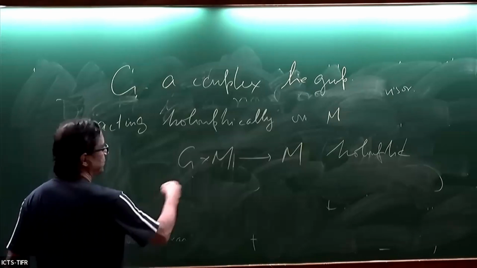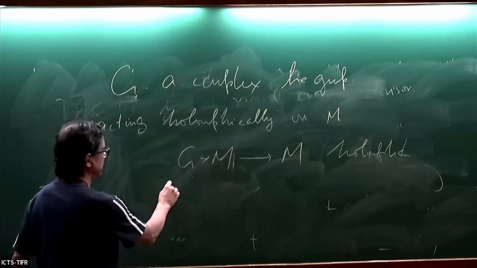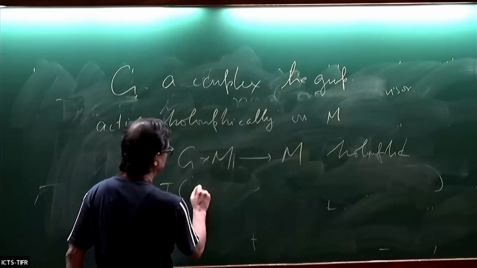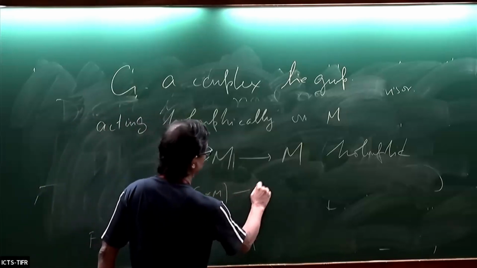Now we have the tangent space level map. So the tangent bundle of G cross M to the tangent bundle of M.